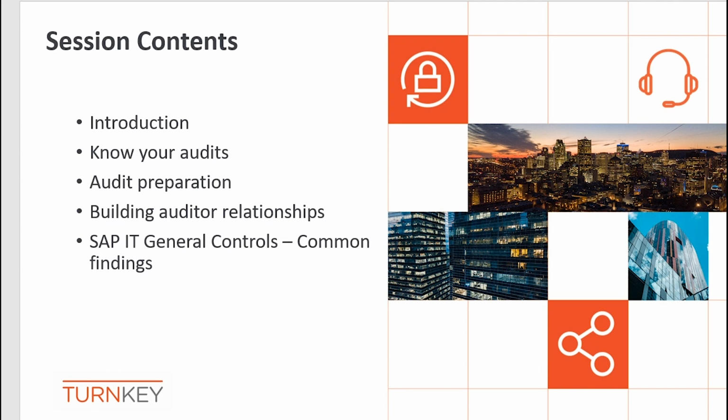We'll also discuss how you can build effective working relationships with your auditors and the benefits of doing so. And lastly, we're going to look at a selection of common control areas which often result in audit observations being raised, and what you can do to help meet the auditor's expectations of an effective control in those areas.